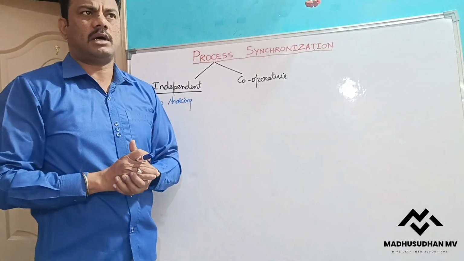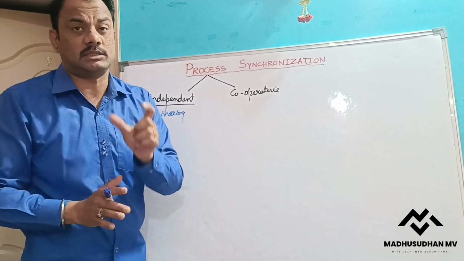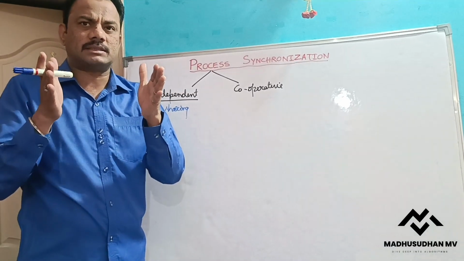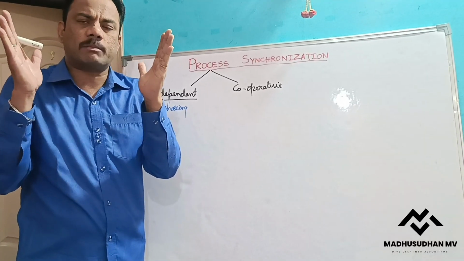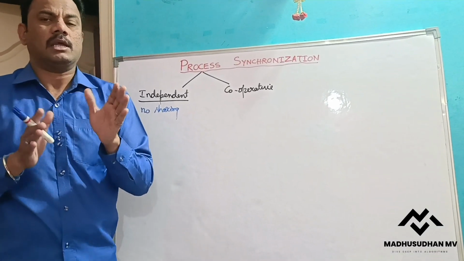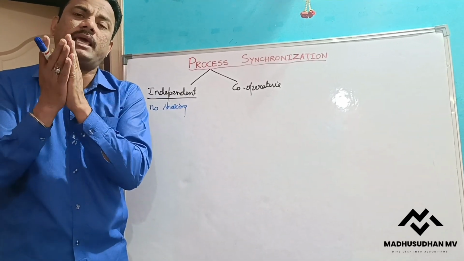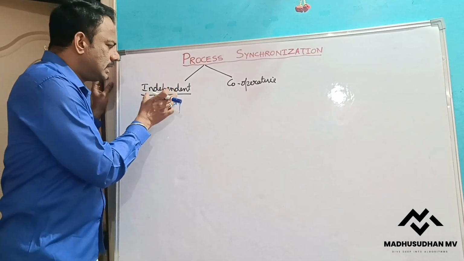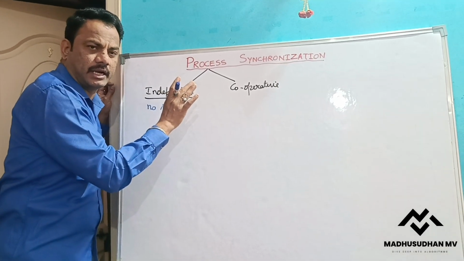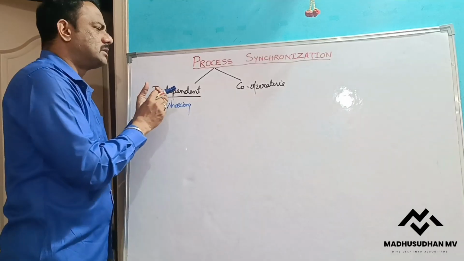Today we are using a multi-programming environment, which means we are executing multiple programs at the same time, simultaneously. If two or more processes are communicating, that is, sharing, there is a possibility of one process affecting another, or being affected by it. Since independent processes are not communicating or sharing anything, they never get affected by others and do not affect others. So there is no concept of synchronization here.